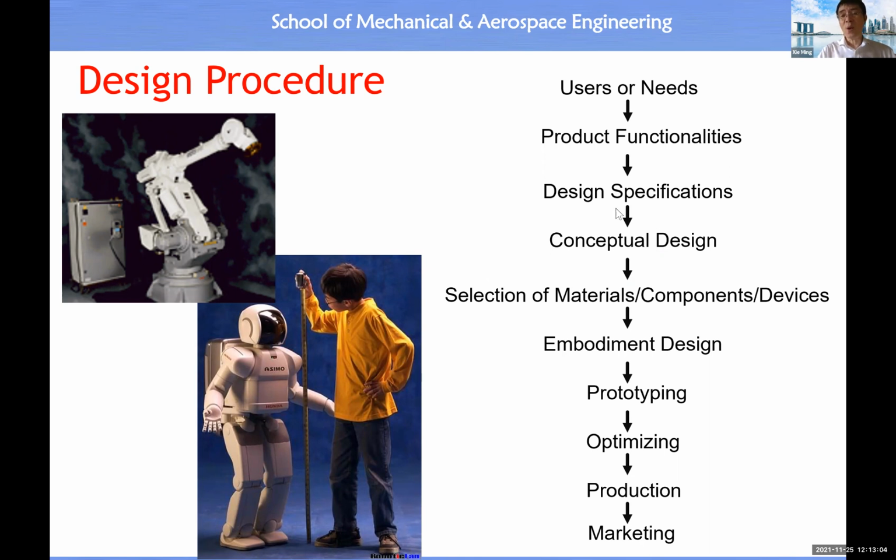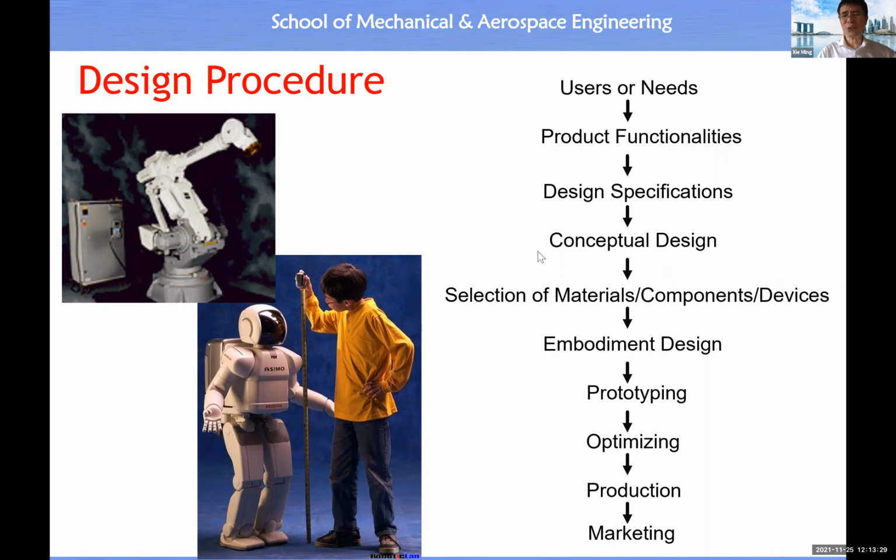Once you know your conceptual design, the conceptual design is basically a combination of the best solution for each functionality. Then you want to put them together, integrate them together. Once you have chosen the best conceptual design, then you can start to enter the embodiment design.